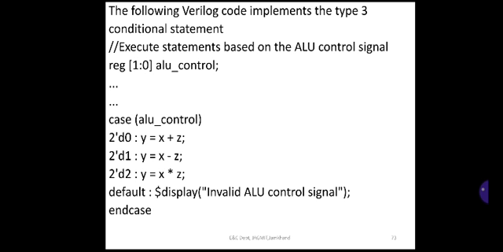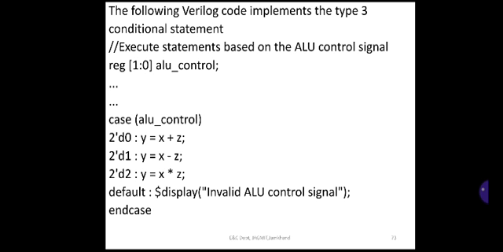Range 1 down to 0 for ALU control, that is, ALU control is a vector type 1 down to 0, which means it is 2 bits. Then you will have some declaration part, some program, then we'll have a case statement block. Case ALU control, where ALU control is a register of 2-bit value, 1 down to 0.